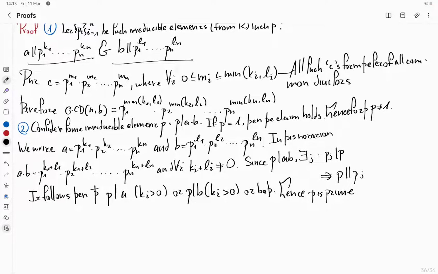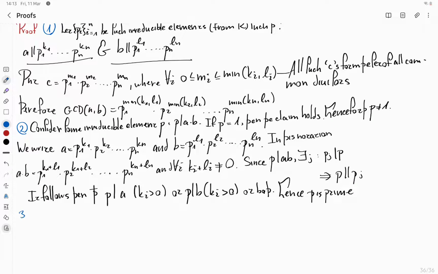And finally, number 3, we shall essentially use precisely the same argument as I had given before. We will define a new function nu operating on the underlying set of the unique factorization domain, and it will assign each element some natural number, possibly 0, and we define it as follows.